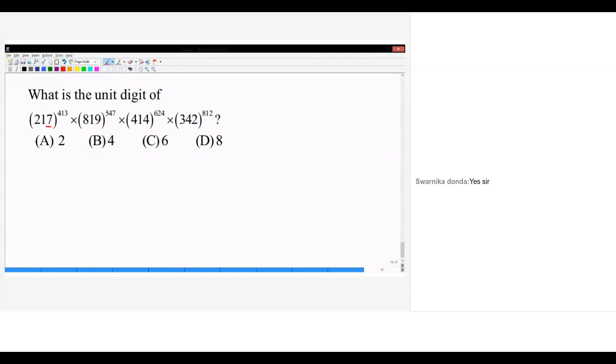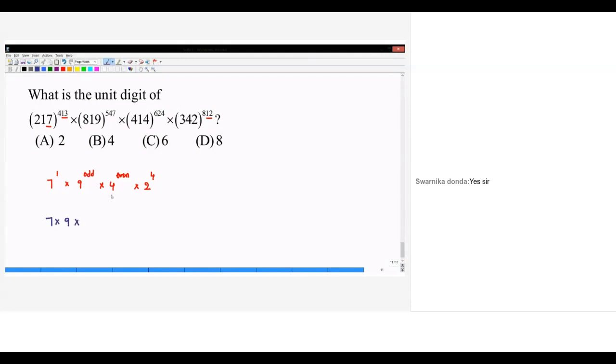7, you divide the power 12 by 4. Therefore, it is 1. 9 power odd. 4 power even. 2 when divided by 4, its remainder is 0. Therefore, take it as 2 power 4. Ends with 7. Ends with 9.